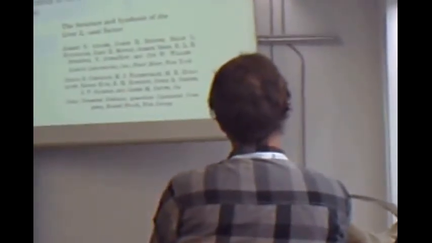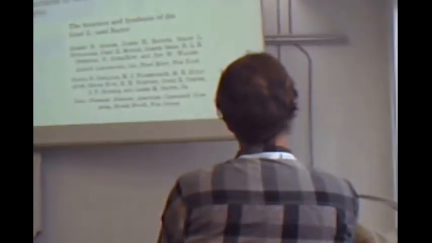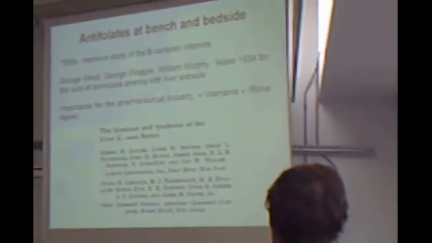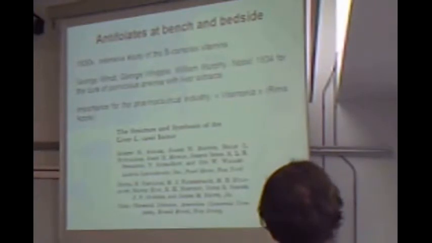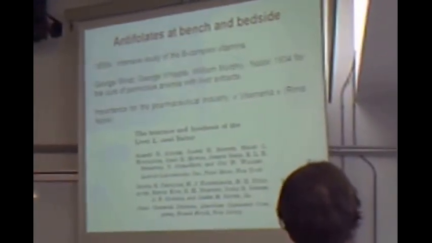In the 1930s, which is a period sometimes described as the golden age of nutrition, George Minot, George Whipple, and William Murphy were awarded the Nobel Prize for their work on liver extracts to cure pernicious anemia, and created a lot of research to try to find which vitamins were in those liver extracts that gave them healing powers in blood diseases.